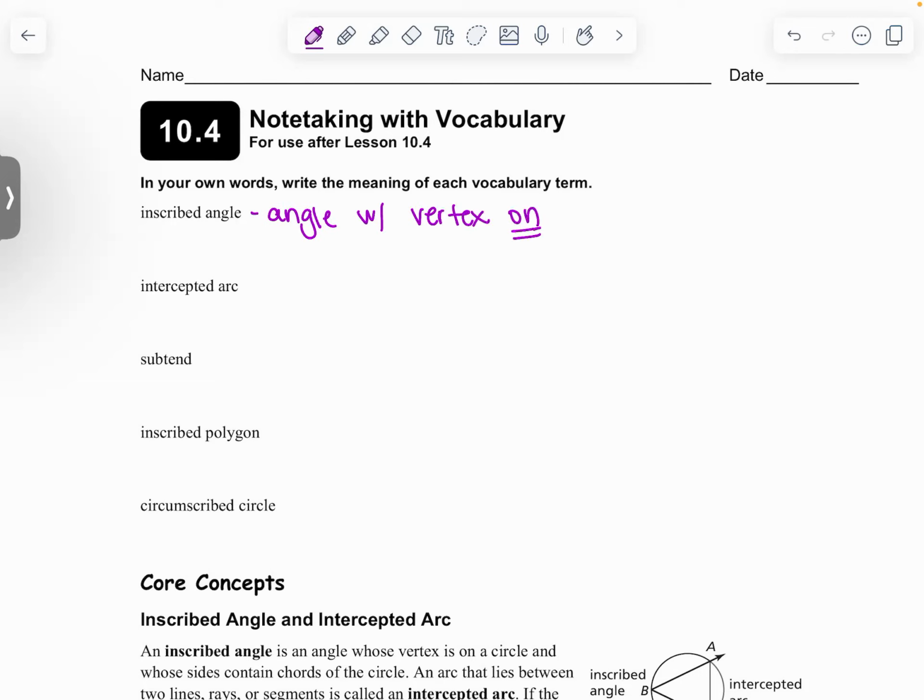It's going to be on the circle. So the vertex is on the circle, and then the sides of the angle are intercepting an arc.